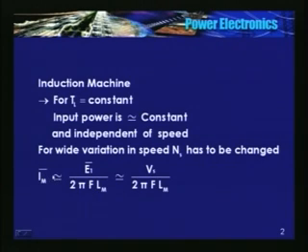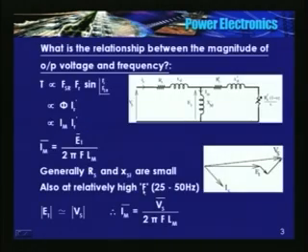Im is equal to E1 divided by 2 pi f into Lm, which is approximately equal to Vs divided by 2 pi f into Lm. See, this is the equivalent circuit we have discussed, and this is the equation we have derived.